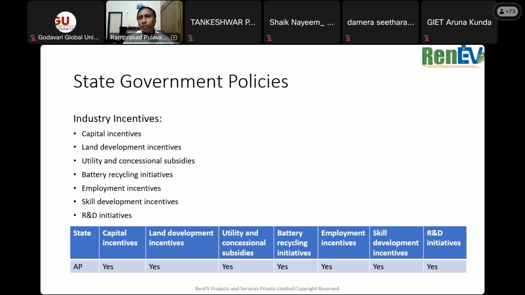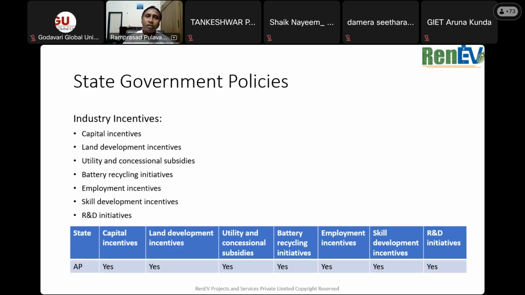I think Godavari University is having a skill development center, right, sir? Yes. Within the same university complex, there is a skill development center. Again, there is state government support for establishment of a skill development center or specific programs conducted by the skill development center.